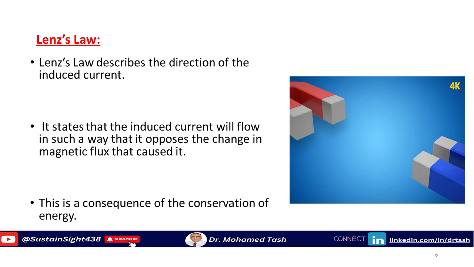If the magnetic field is decreasing, the induced current will create a field in the same direction to try and maintain it. Remember that negative sign in Faraday's law? That negative sign is a direct consequence of Lenz's law, mathematically indicating this opposing direction of the induced EMF and current.